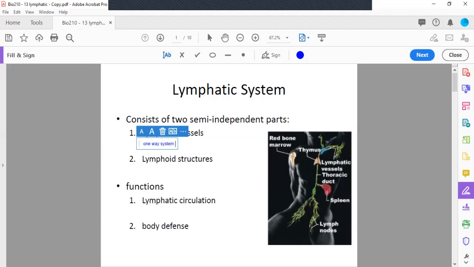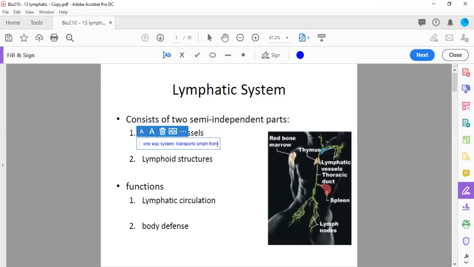which means it carries the lymph from one end. It's a one-way system which transports lymph from the lymphatic capillaries back into the venous system.